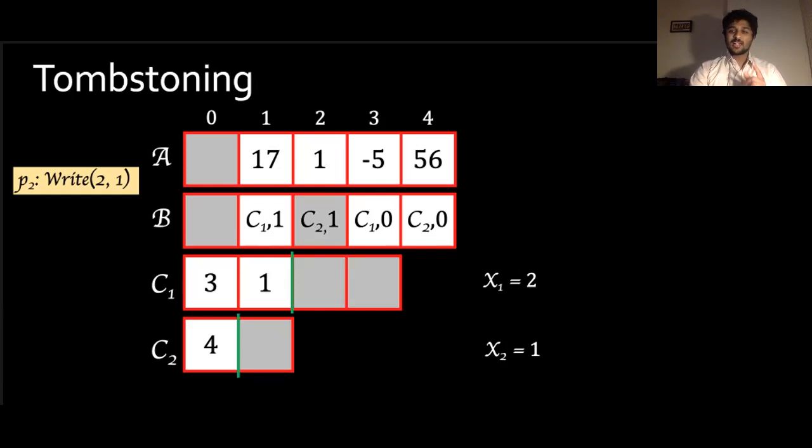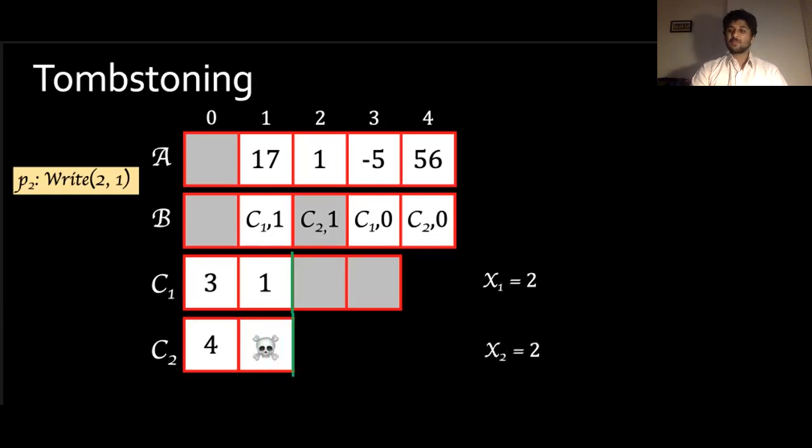In order to avoid that race condition, P2 simply checks whether the initial value of B2 is a pointer to its current certificate by reading X2. If that is the case, it writes a tombstone null value in this location, which won't be treated by any process as a real value. And it increments its counter past this certificate, so it can use a new certificate that avoids this problem.